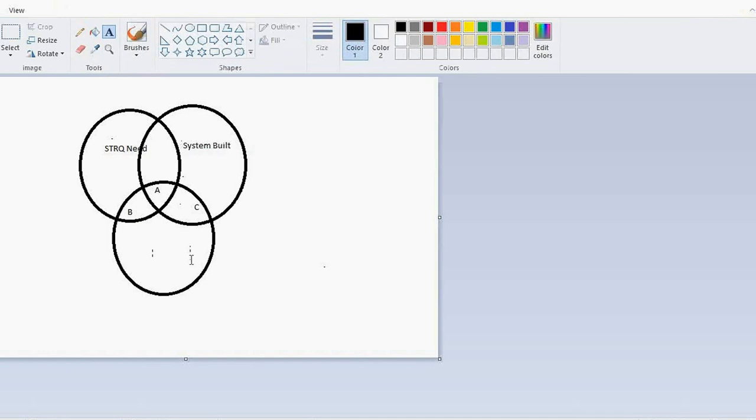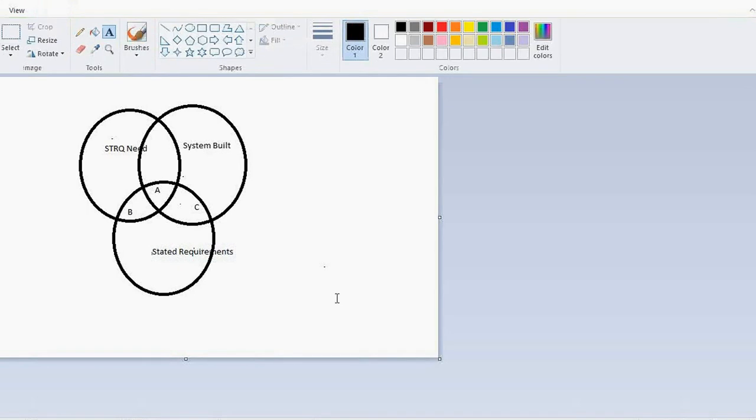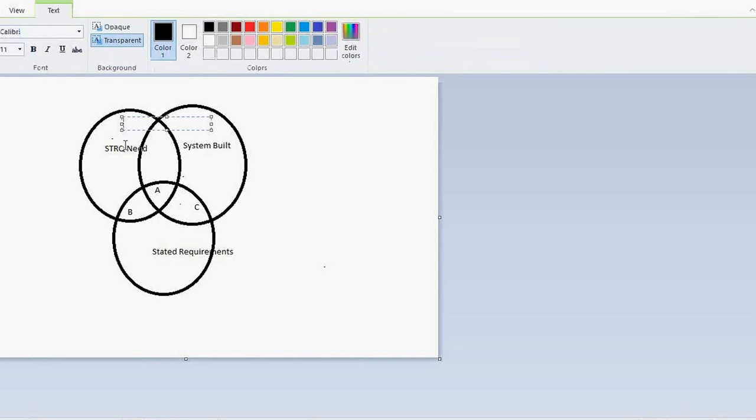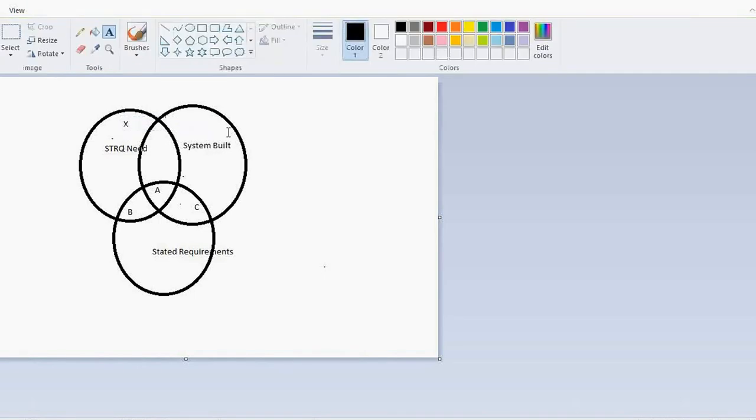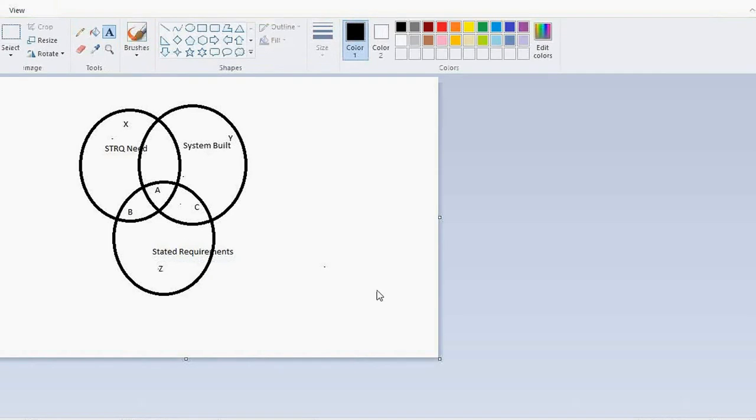And this would be something called stated requirements. So can anybody tell me, this would be something like X, Y, Z. So these are certain different things that we, for our discussion purposes, wanted to capture.